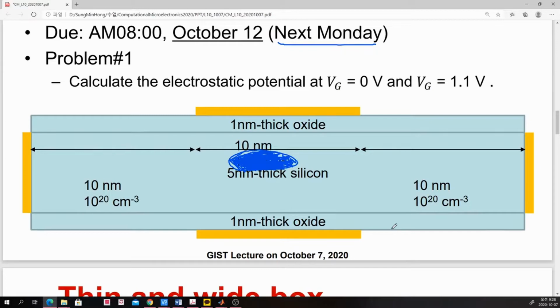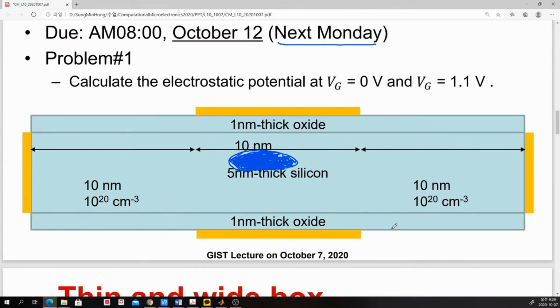You have already solved the nonlinear Poisson solver in a one-dimensional structure. That is also a big deal, but this is an even bigger thing. Our goal is to build the full nonlinear Poisson solver for two-dimensional structures.